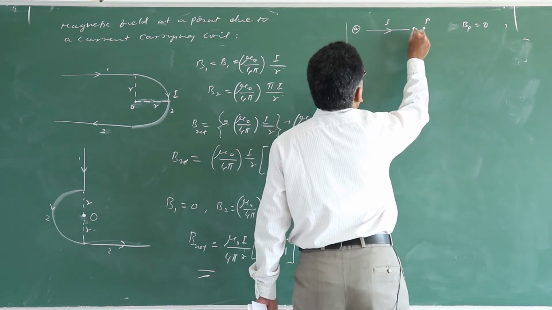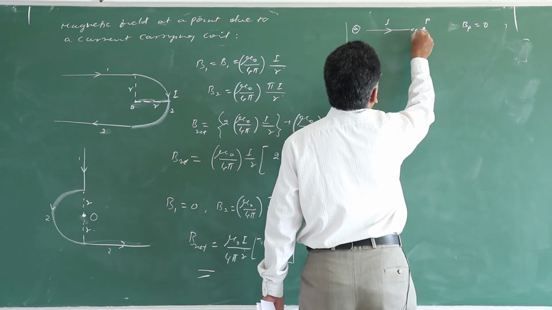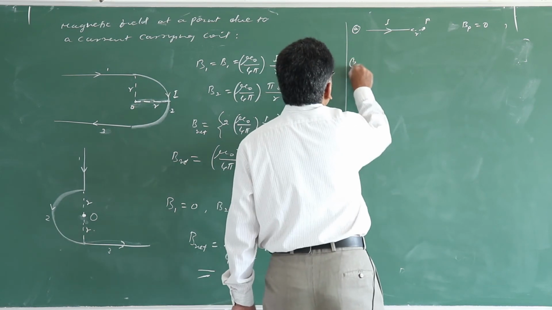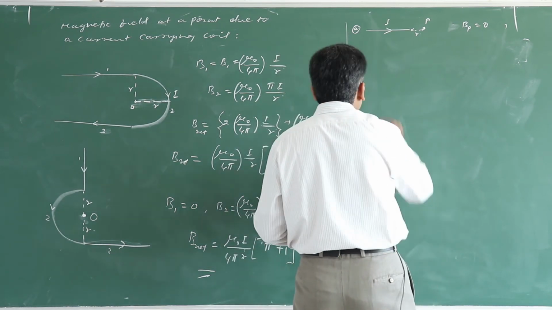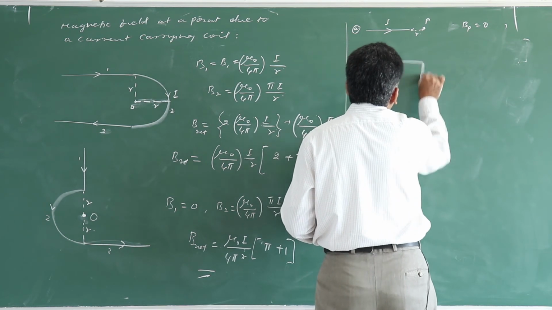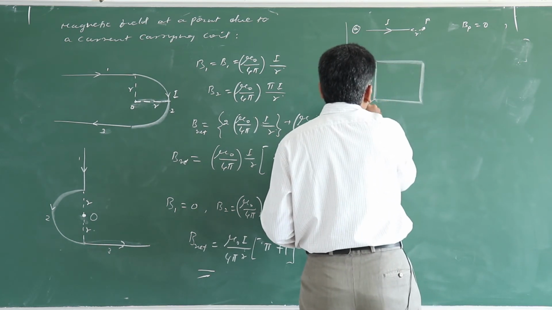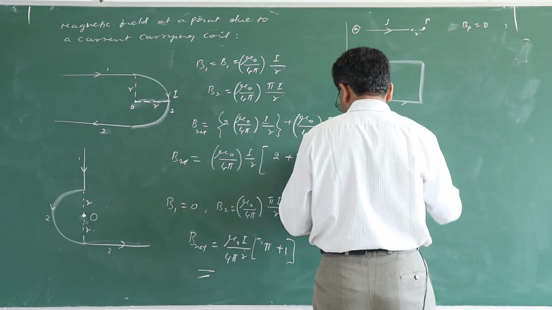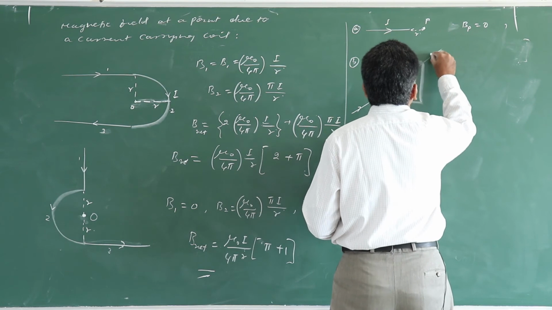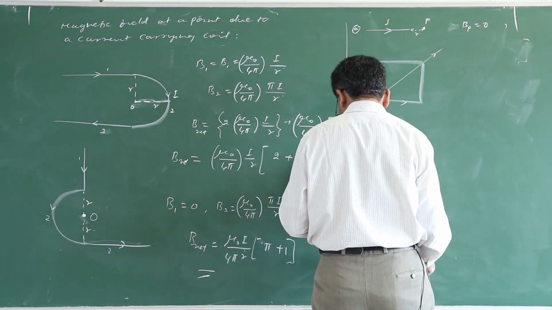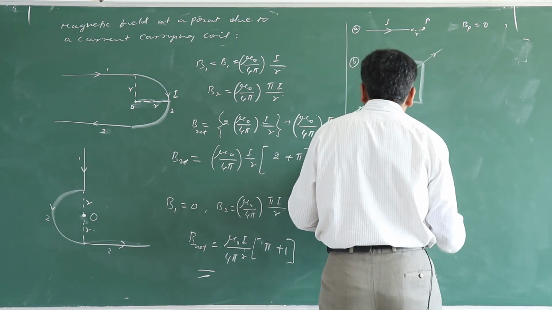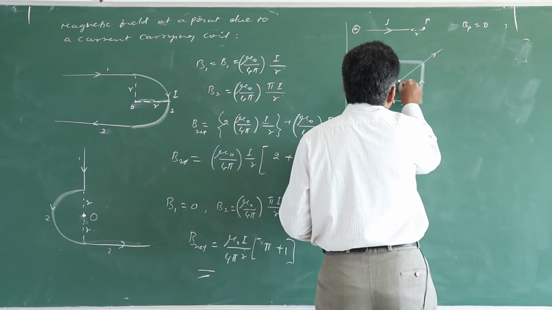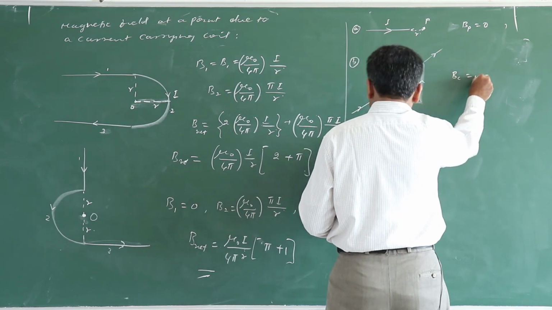This point lies at a distance R. Suppose the current is flowing like this in a square, current enters here, then magnetic field at the center C is equal to 0.